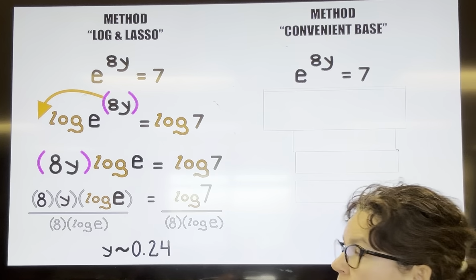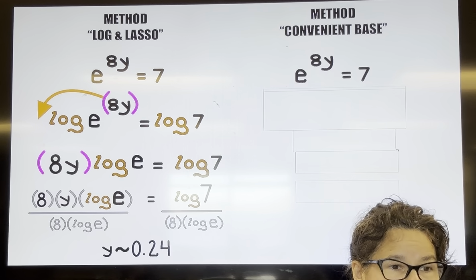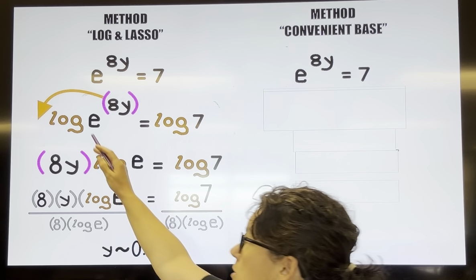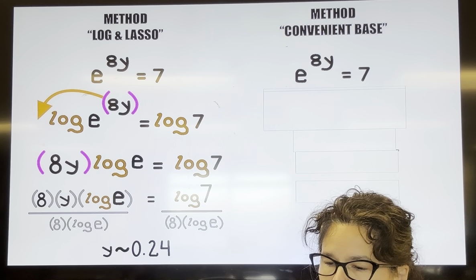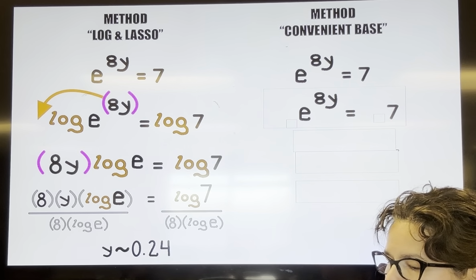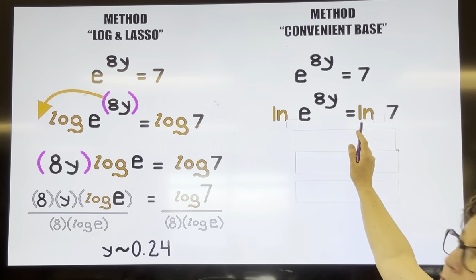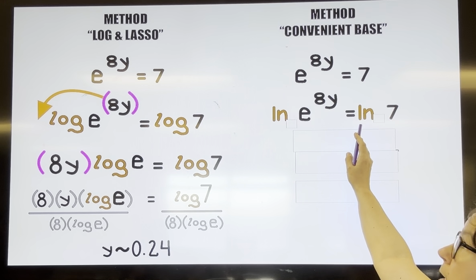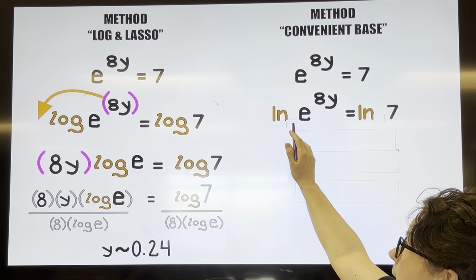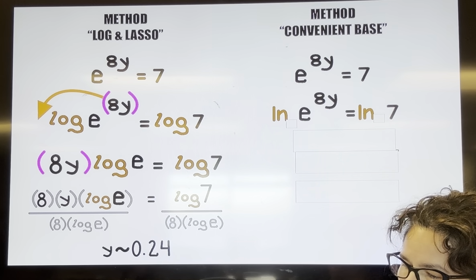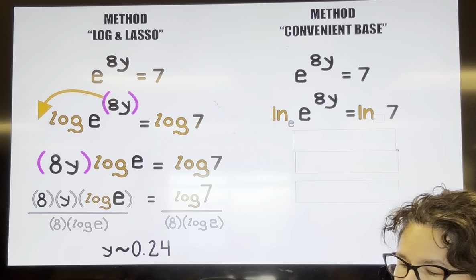The logarithm with base e is a natural log. So instead of just plain log both sides, I'm going to take the natural log of both sides. We don't see it, but the base on a natural log is e.